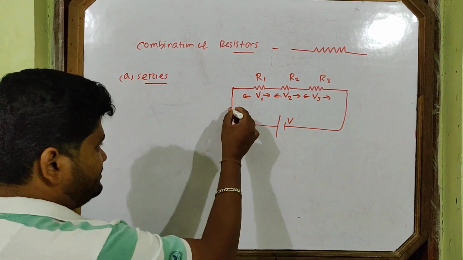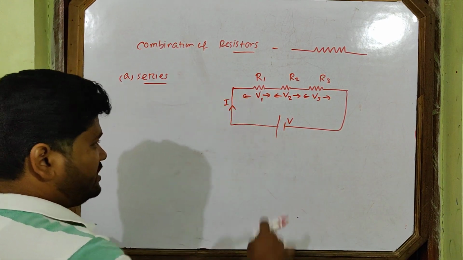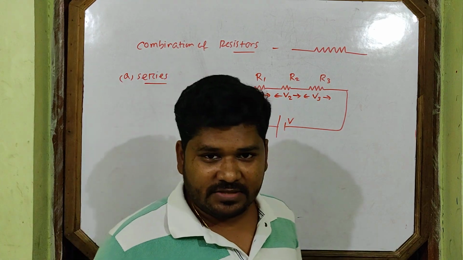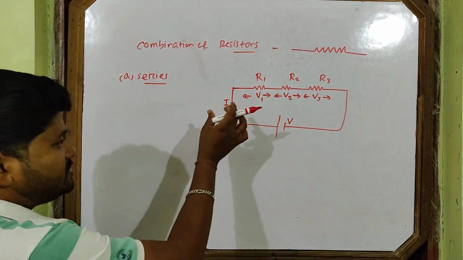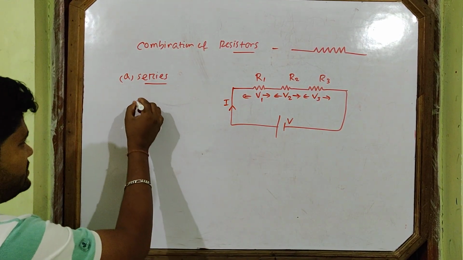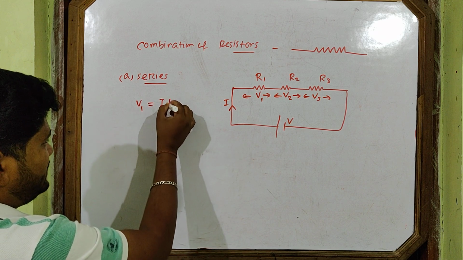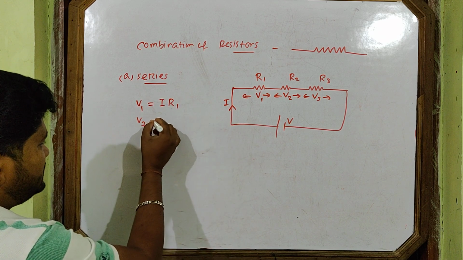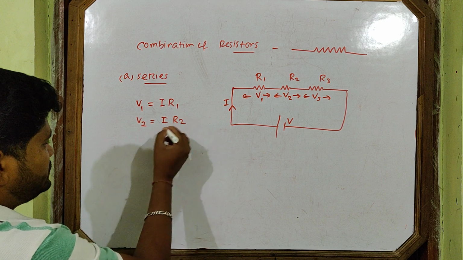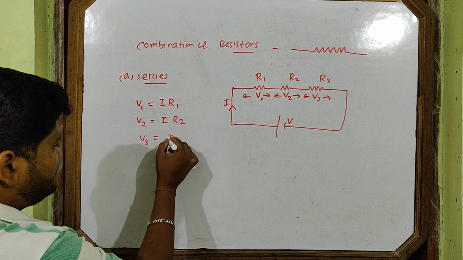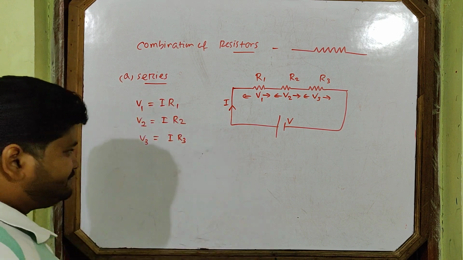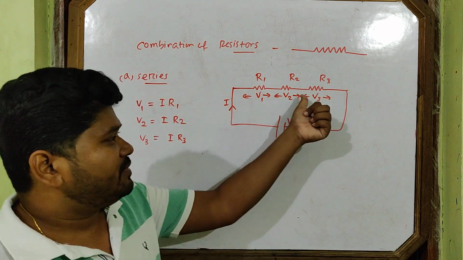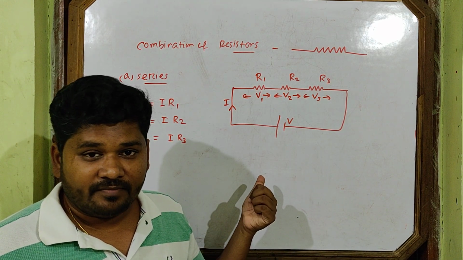But current is same. I current passes through all resistors. Let's write the Ohm's law formula for each resistor. For the first one, V1 is equal to IR1, V2 equal to IR2, V3 equal to IR3. This is the Ohm's law formula for all the 3 resistors.